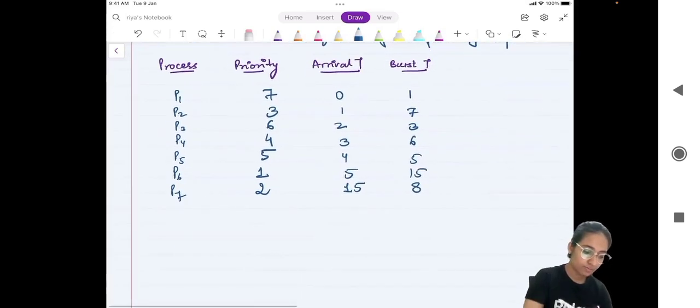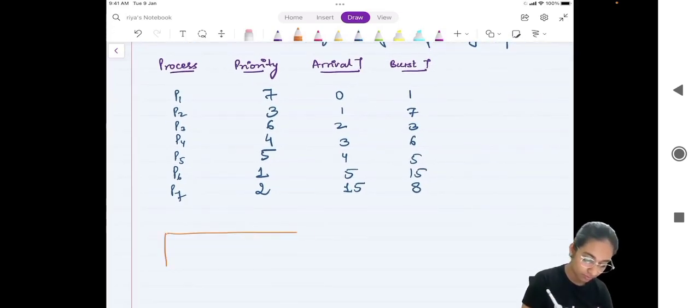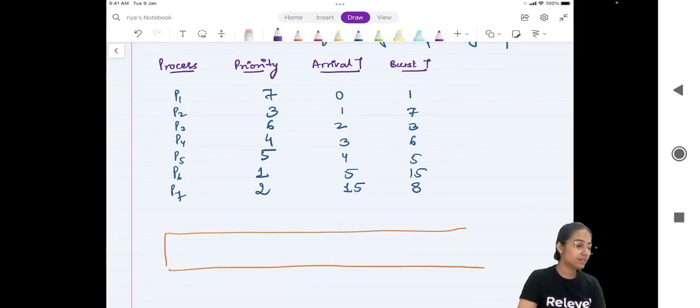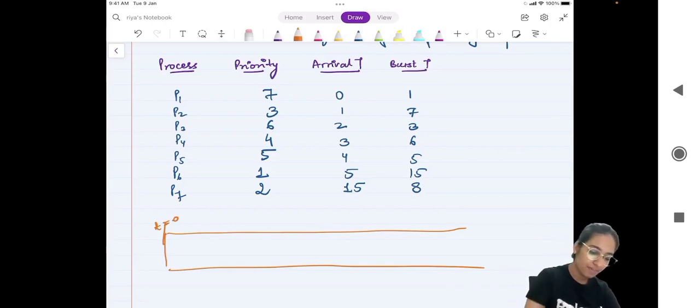Okay, now let's see the Gantt chart. We are basically at t equal to 0. Now at t equal to 0, we just have one process P1, right? Its priority is lowest, but we do not have any other process. So till 1 unit of time, this process will get executed.